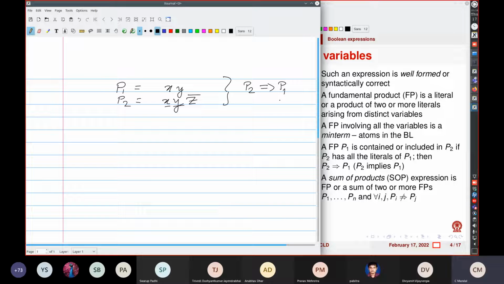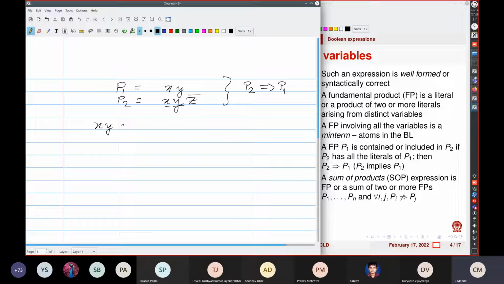But basically, what you have to understand is that this xy is actually, although as a string this is longer, actually bigger than this. Why?